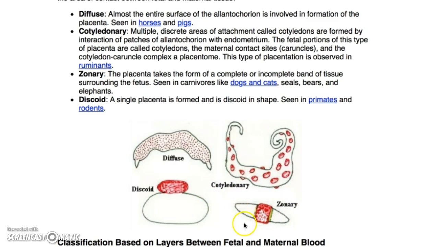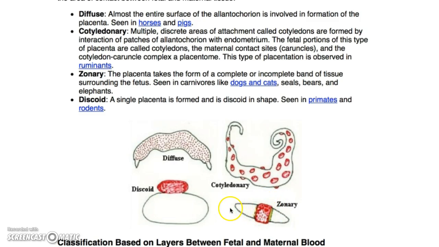Then we have the zonary type of placenta, and here we have the membranes that enclose the developing embryo, and around the middle of each one, almost like a belt around the very middle, is an area where there's a lot of vascular tissue, and that comes into contact with the inside of the uterus.